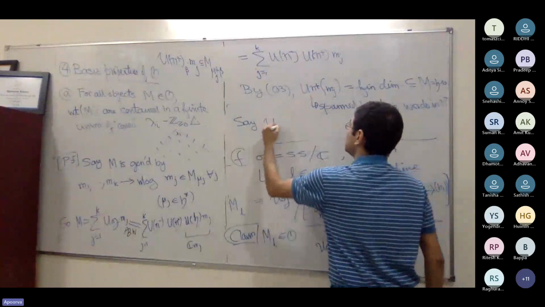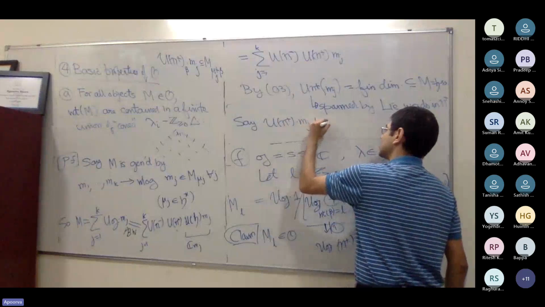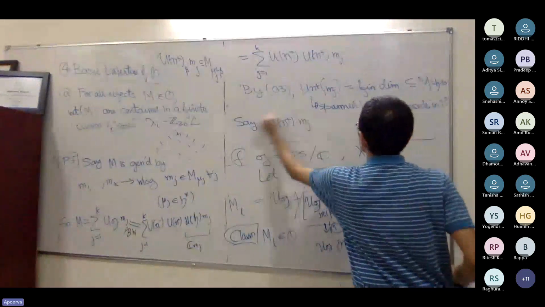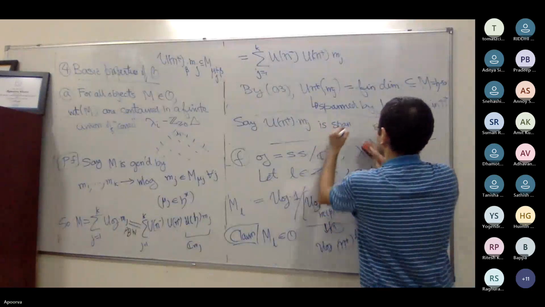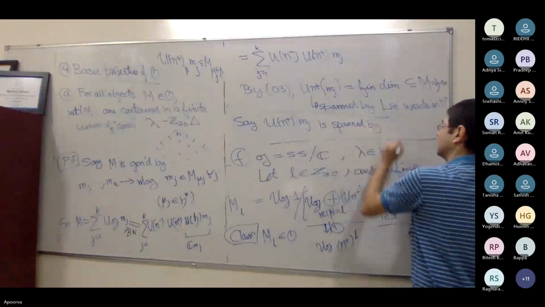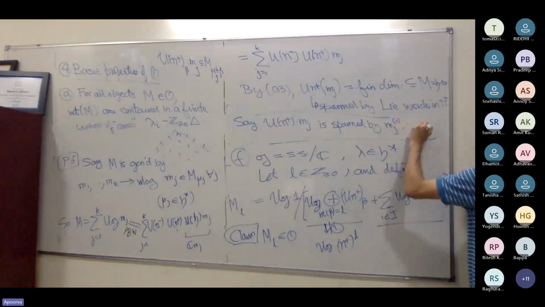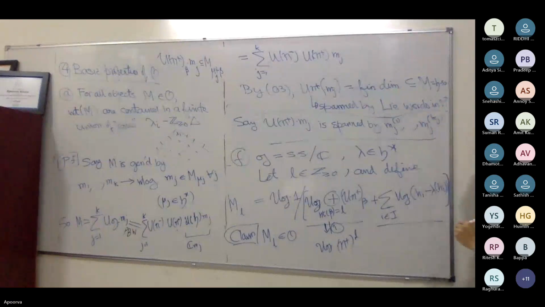Say Un plus Mj is spanned by, let's give this Mj1, Mj, let's say Kj.